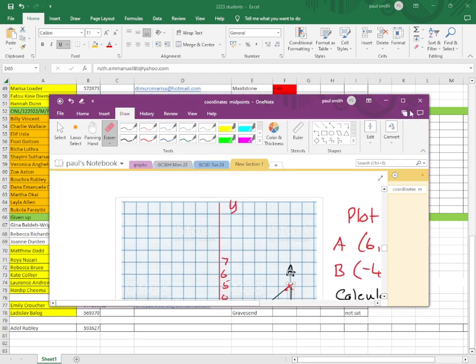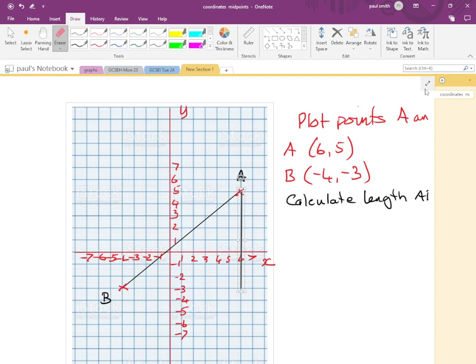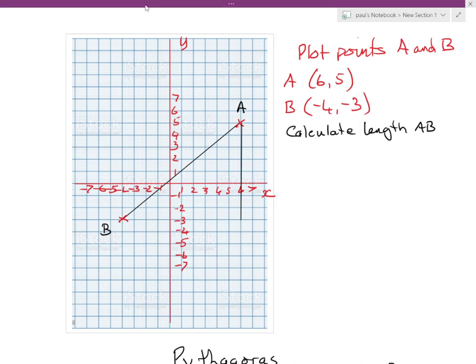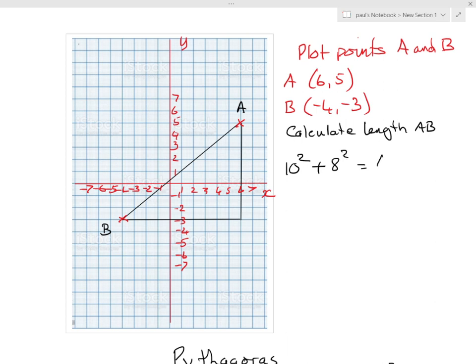Hang on. Oh, what's gone on there? We need to make a right-angled triangle there and there. Right, now let's measure the length of the sides. Along the bottom, 1, 2, 3, 4, 5, 6, 7, 8, 9, 10. Oh, that was good, wasn't it? 10 squared plus 1, 2, 3, 4, 5, 6, 7, 8, 8 squared equals AB squared.